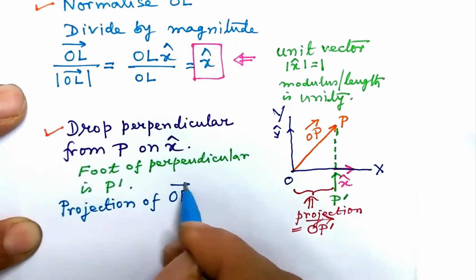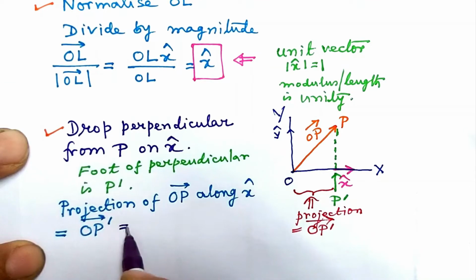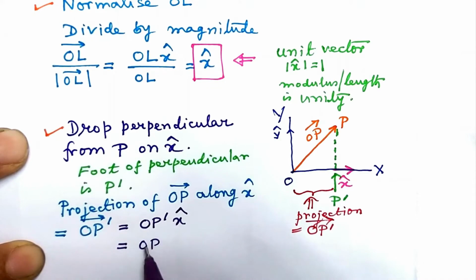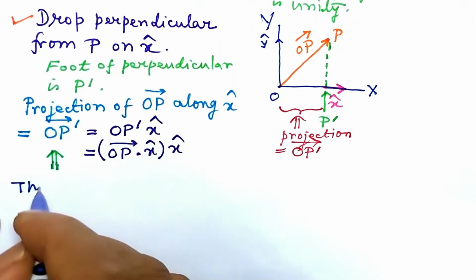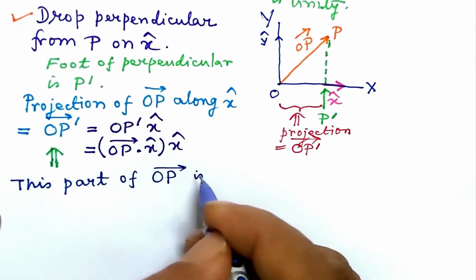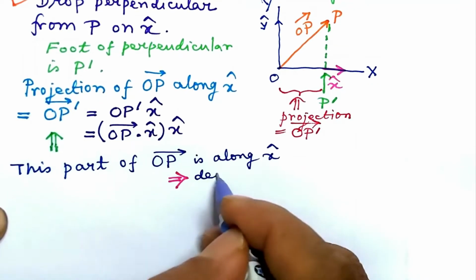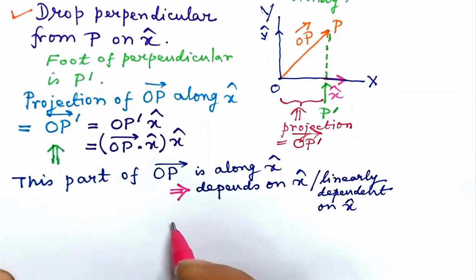Projection of vector OP along x cap equals vector OP prime, equal to OP prime into x hat. This can be written as vector OP dot x hat, and this projection or scalar part is along x hat. So this part of the vector OP is along x hat, in other words it depends on x hat, linearly dependent on x hat.